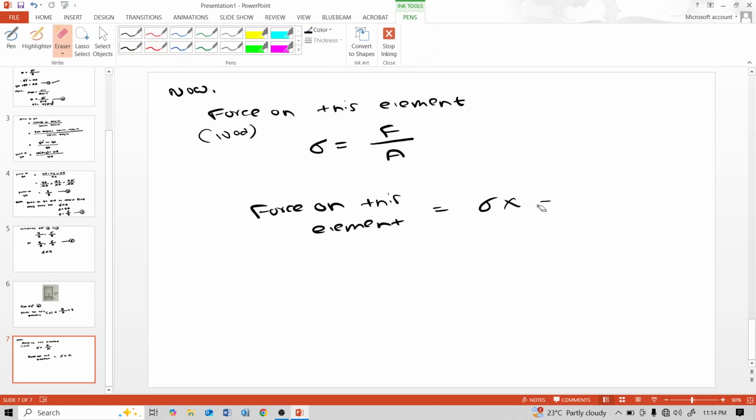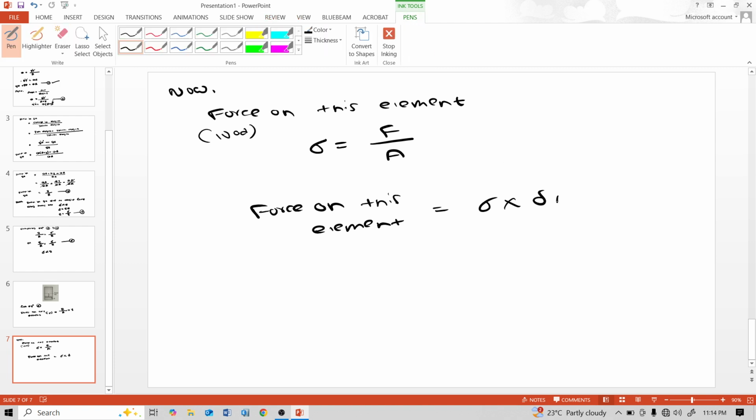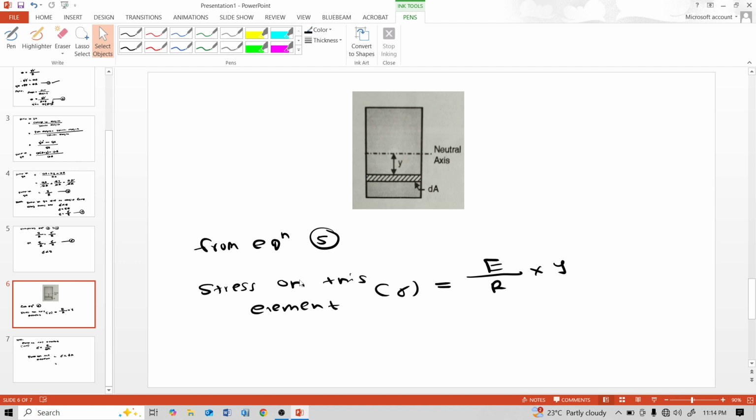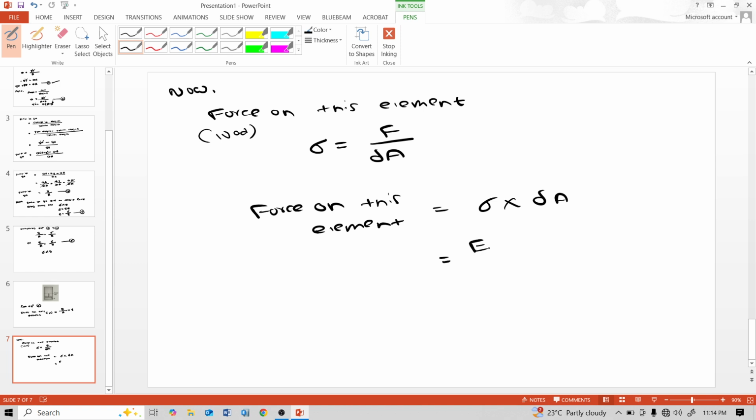We calculate for the element, that means delta A. Sigma we get from the equation, E upon R into Y, into delta A.